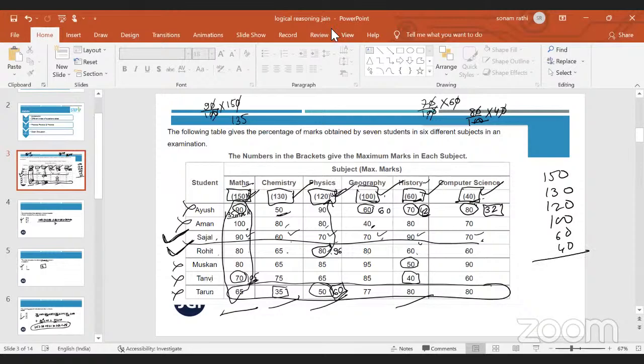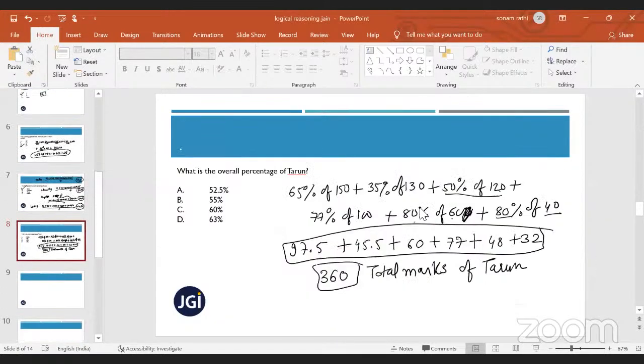Total marks of the exam is 600, right? So out of 600 marks, he was getting 360 marks.